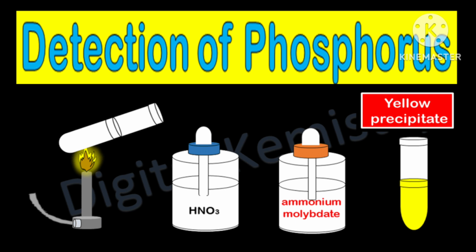When you have treated with nitric acid, after that you have to boil it. The solution is boiled with nitric acid and then treated with ammonium molybdate. Then you will get a yellow coloration or precipitate, which indicates the presence of phosphate.